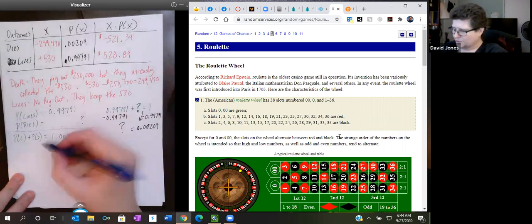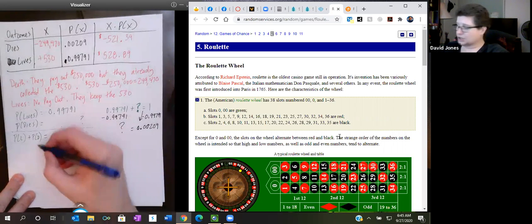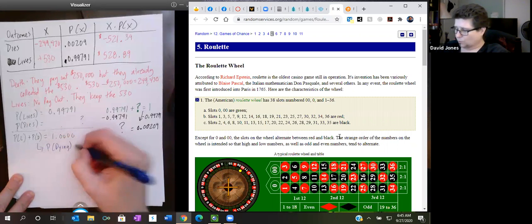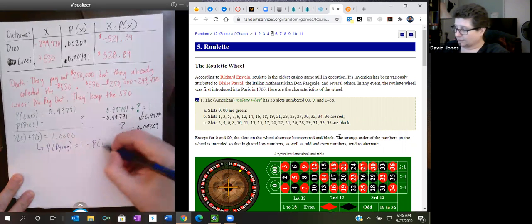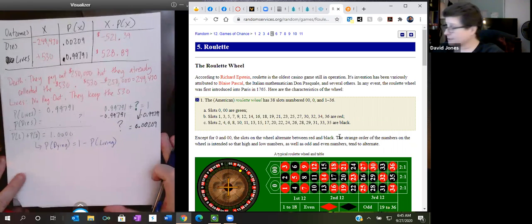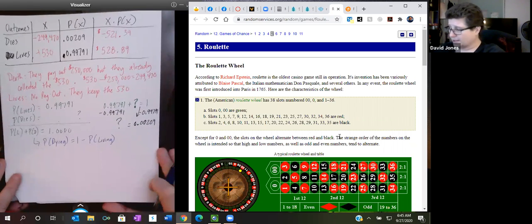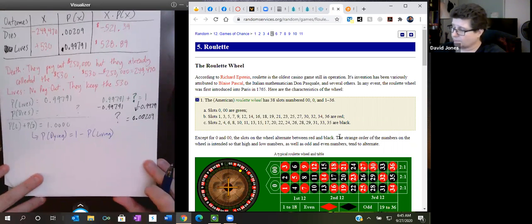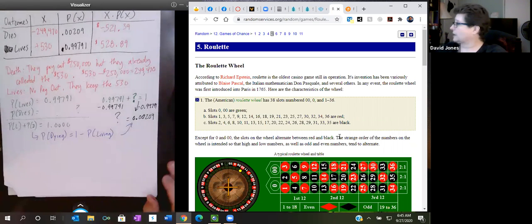Remember when we have 2 outcomes, we can do the subtraction thing. So probability of dying has to equal 1 minus the probability of living. Remember our complement outcomes, probability? We talked about this in chapter 5. And that's how I came up with that.